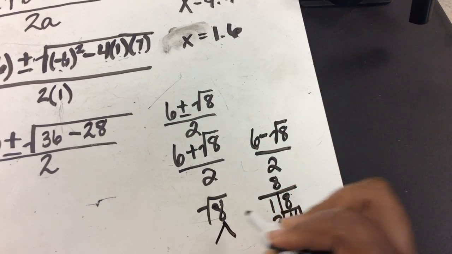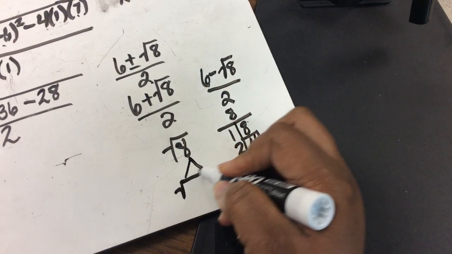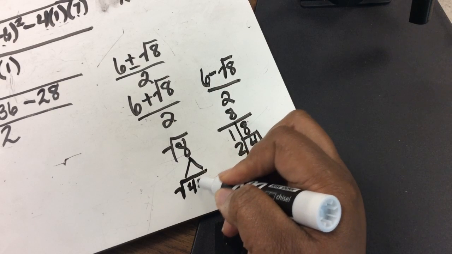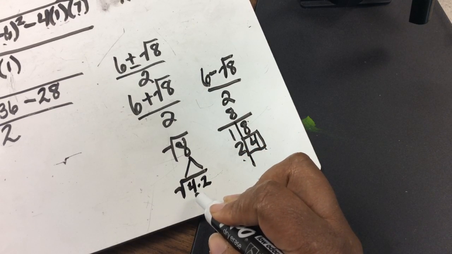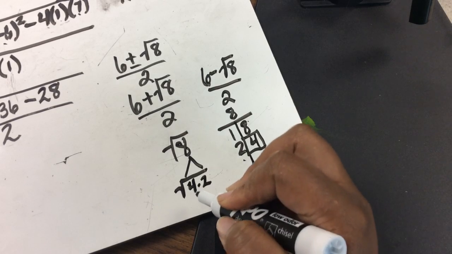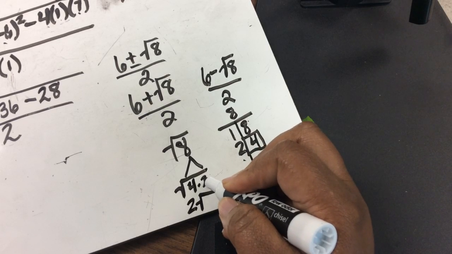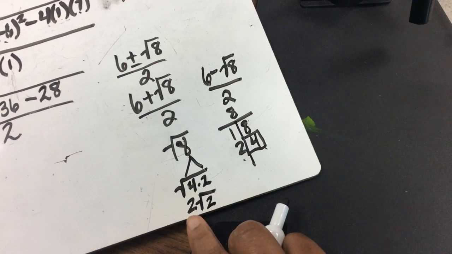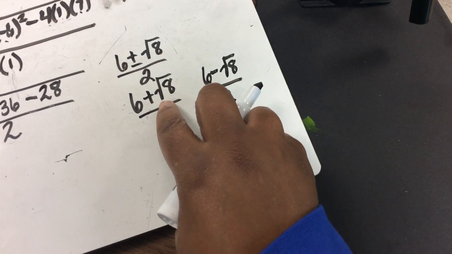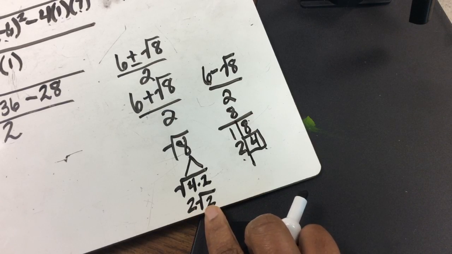So we're going to break apart our radical into the square root of 4 times 2. The square root of 4 is 2, and that 2 stays underneath the radical. So the square root of 8 is 2 root 2.